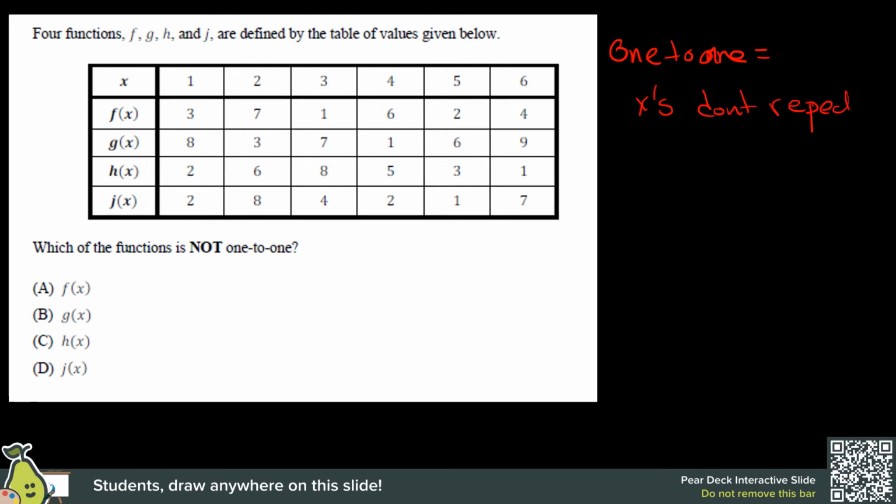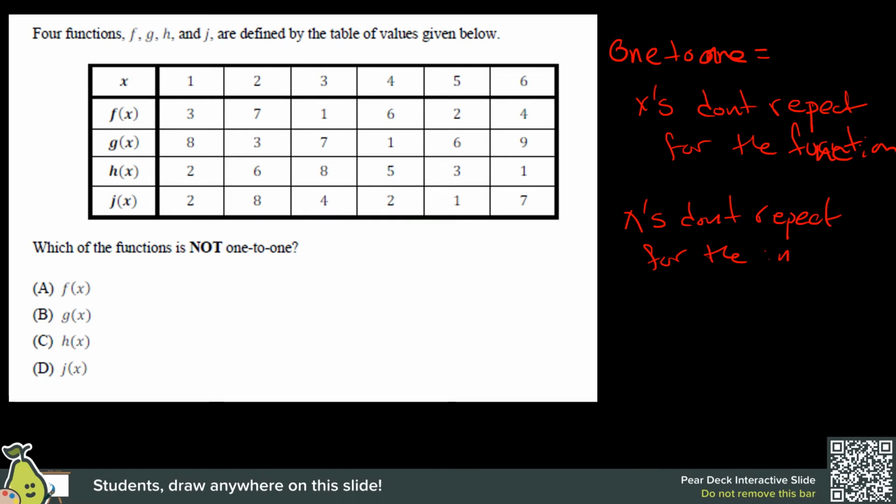And x's don't repeat for the inverse. Okay, so the x's can't repeat for the inverse either.